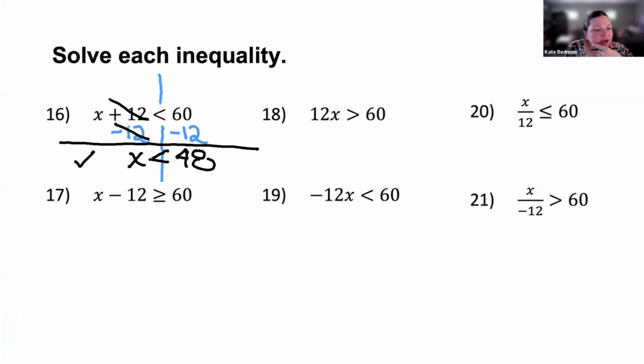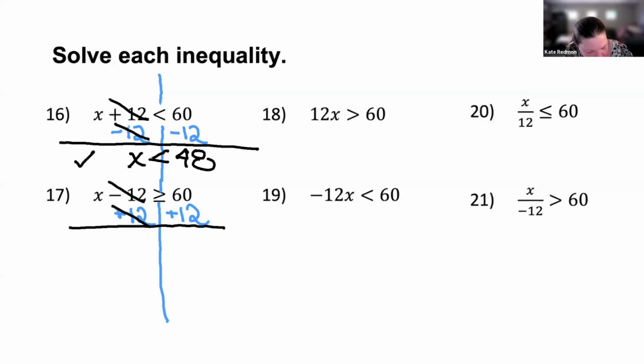17, x minus 12 is greater than or equal to 60. So once again, I can see here, x is not alone on its side of the inequality symbol. And so I will get rid of this 12. It's subtracting with x, so I will add it. And again, I can do whatever I want as long as I maintain a true relationship between the left and right-hand sides.